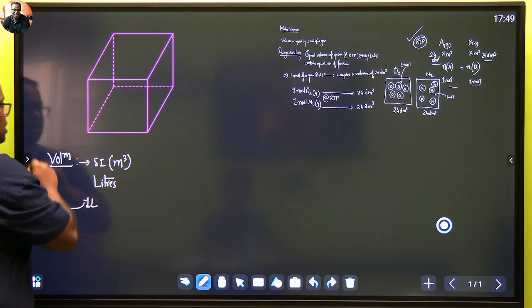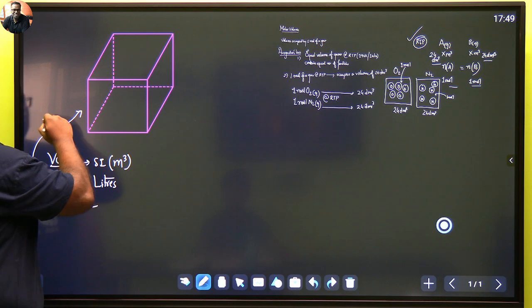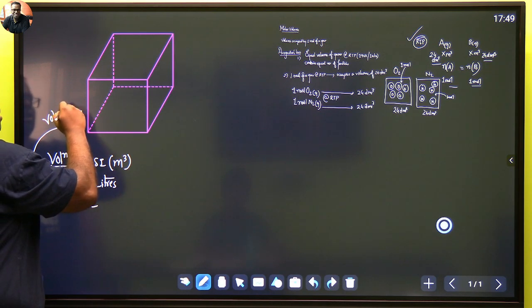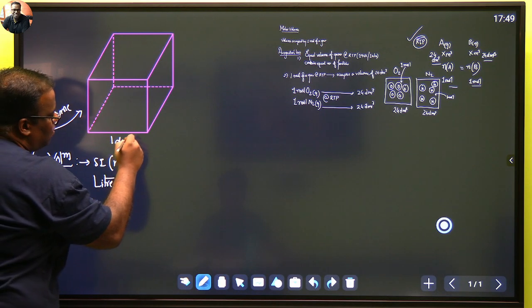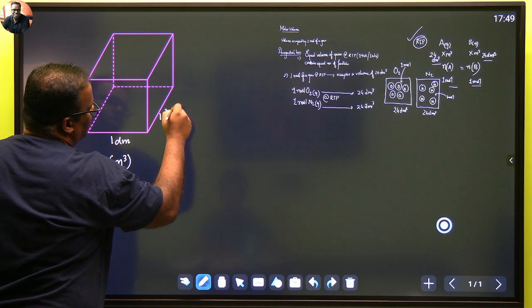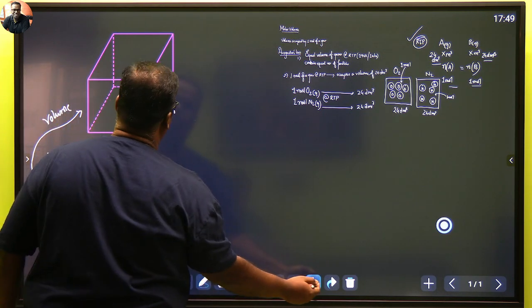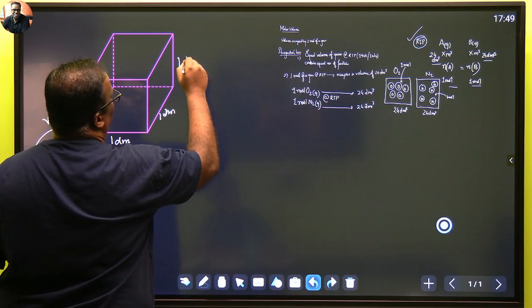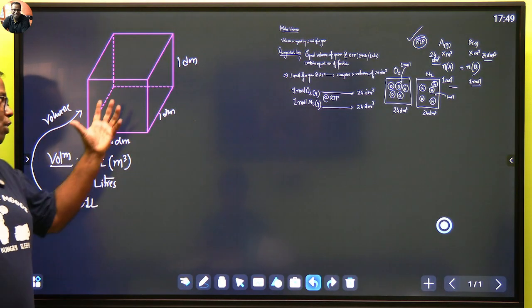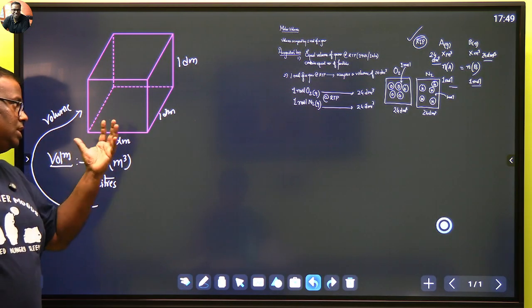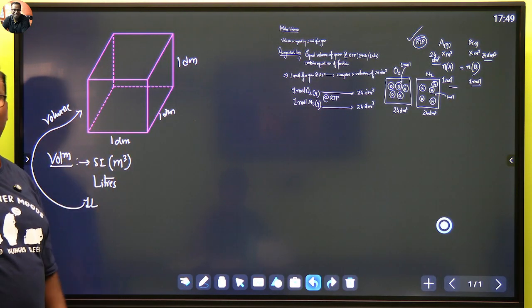1 liter is the volume of that cube whose each side is 1 dm. Did you understand this definition of 1 liter? 1 liter is the volume of a cube whose sides have a measurement of 1 dm.